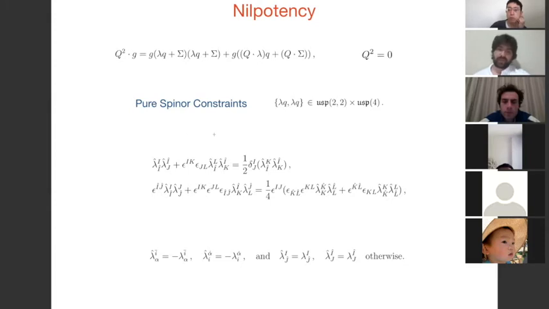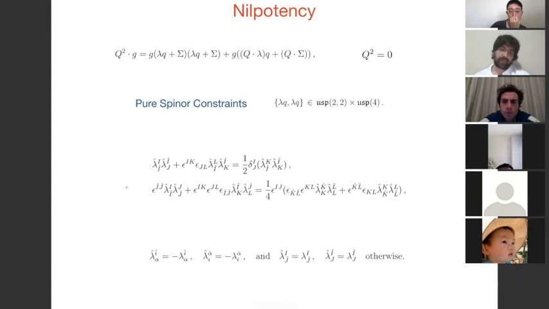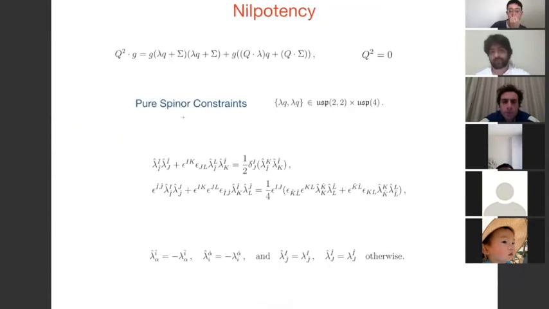Here again I work with SO(8), but I break it down in these indices. So again, I wrote down the pure spinor constraint in terms of the indices that I'm using here, but it's the same constraint written in several different notations. So this is the nilpotence condition, and the BRST is only nilpotent if the lambdas are pure spinors.